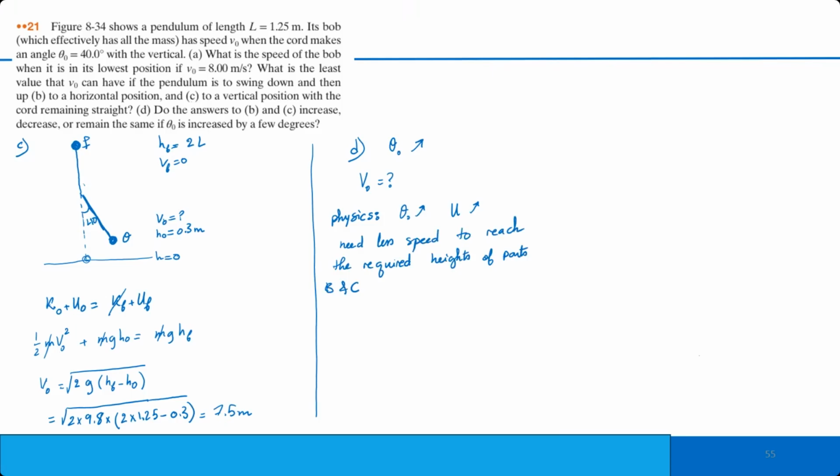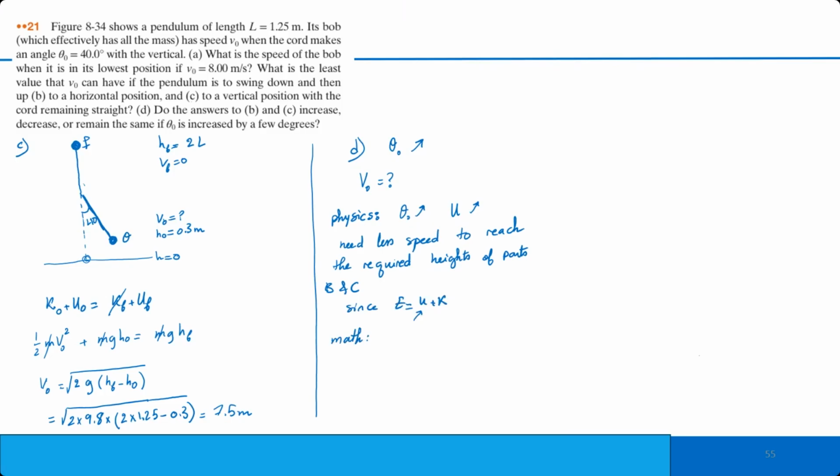We will need less kinetic energy, because the total energy is always the sum of U and K. If U increases, I will need less kinetic energy to reach a certain height. That's the physics. Think about it using some math.